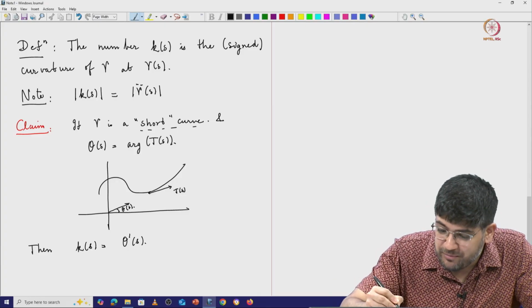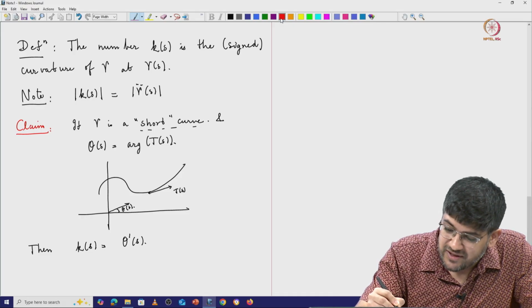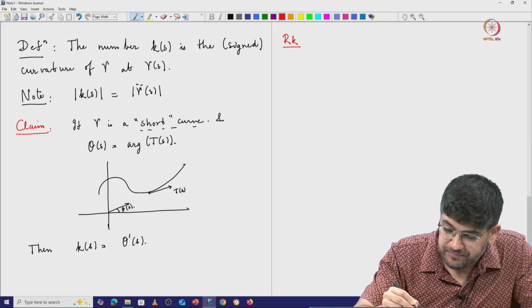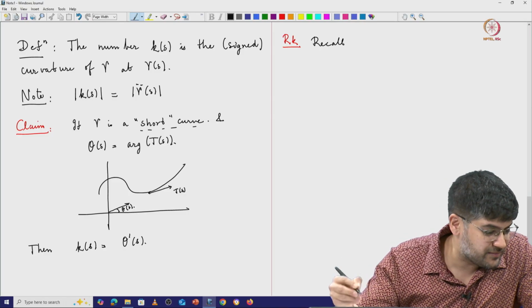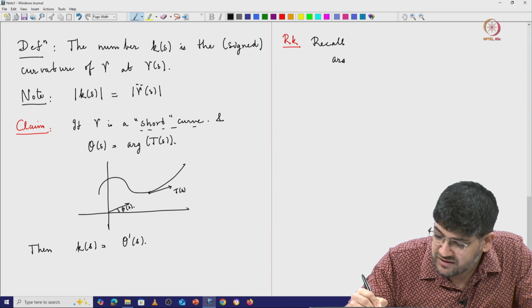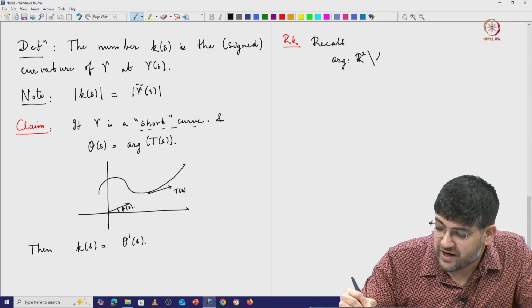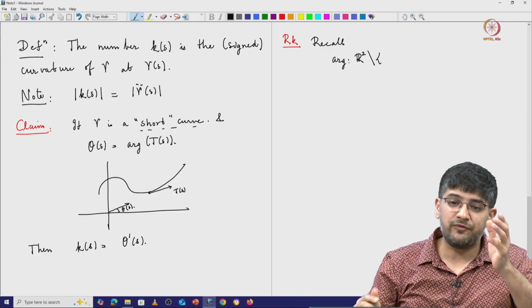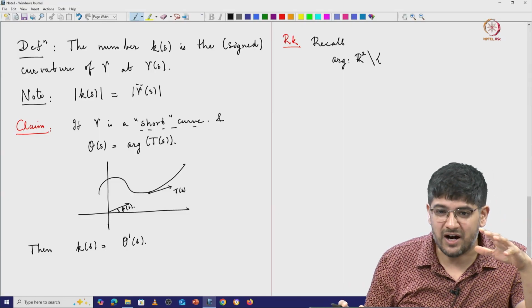Okay, so why do I have this caveat of a short curve? So let me make a remark. Recall that the argument function can usually only be defined as long as you remove a half ray, right. Otherwise there is no way to define a continuous argument function on all of R2 minus the origin.